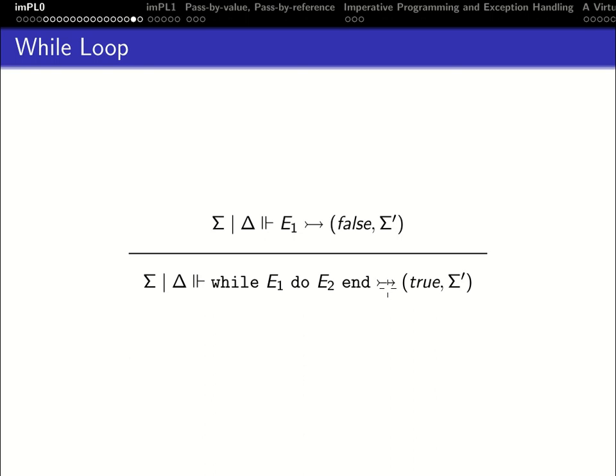The while loop. So again, a tough choice. What's the value of a while loop? We're not very consistent. We're saying that the value of the while loop is true, because it's easier.